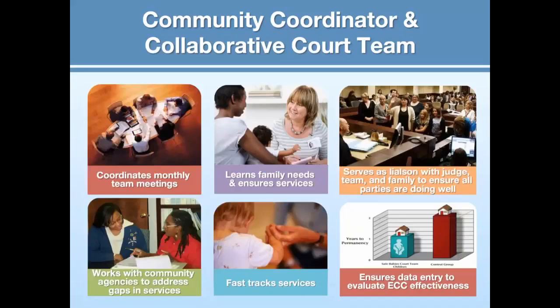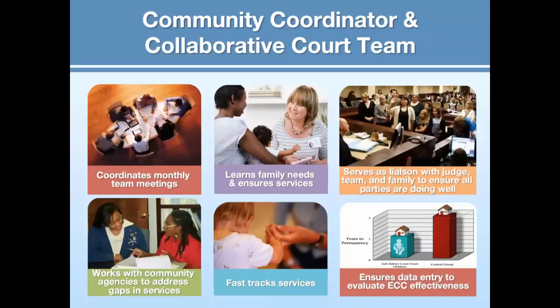So the second part of the three-legged stool is the community coordinator and a collaborative court team. This team meets monthly and has monthly court hearings, as opposed to what's regular, every 6 months. So it's able to figure out what's wrong and quickly solve the problem.